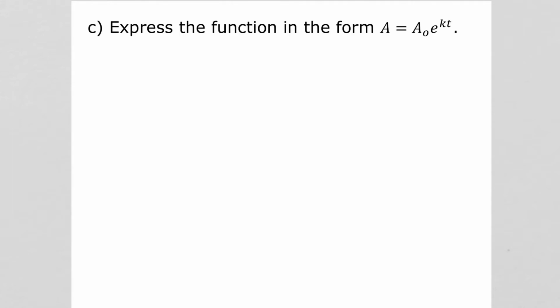Part C asks us to express that function in the form A naught times e to the kt. So what we're doing is it's still going to be the same function. We're just expressing it in terms of e.